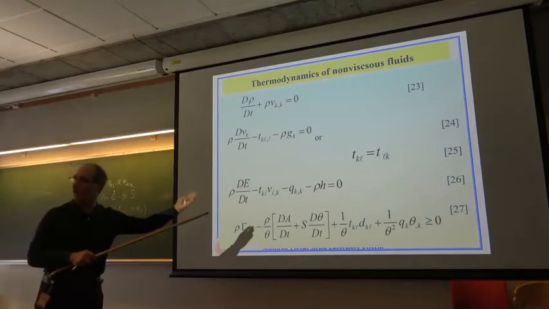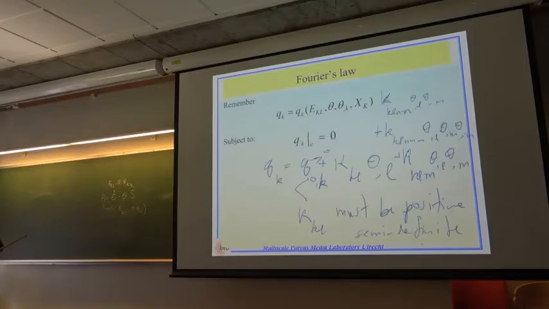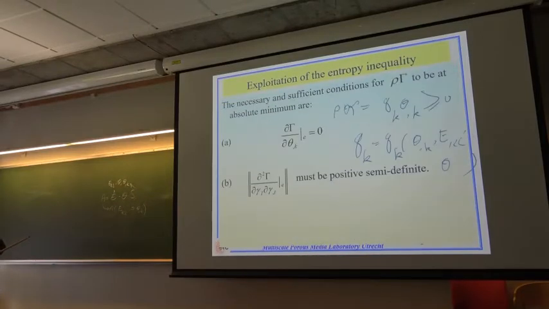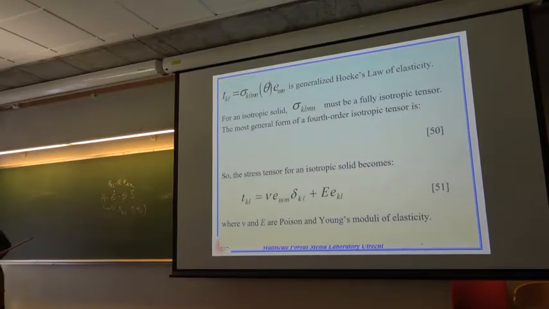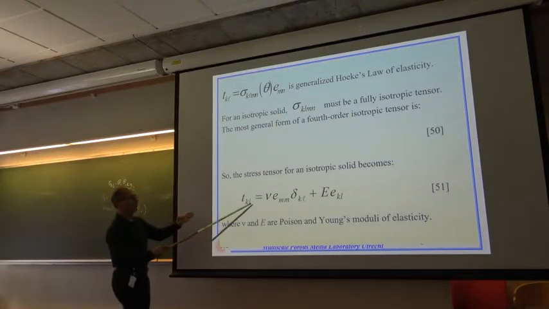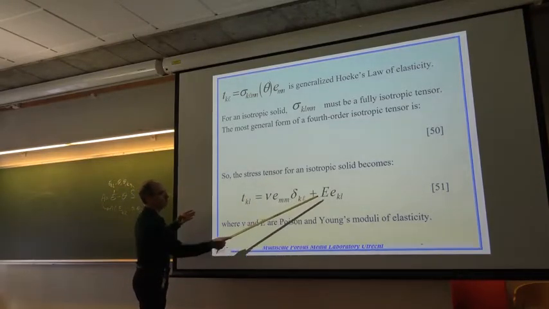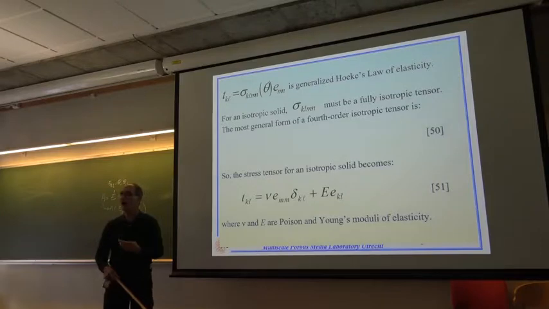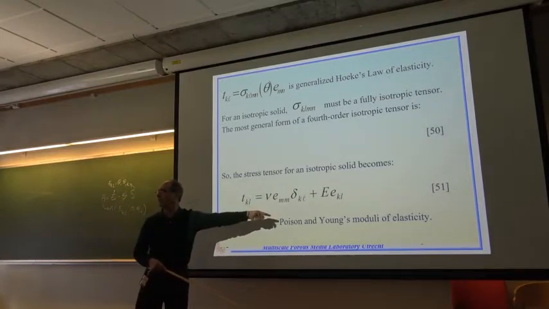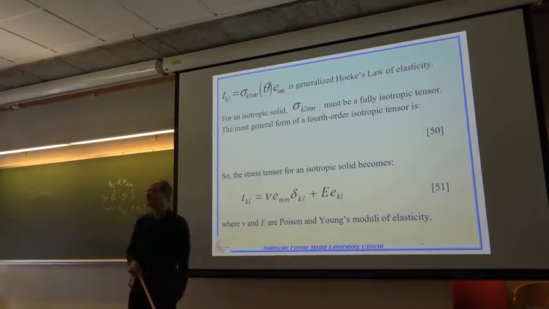Only after I derived the equations, you could see that my equations are such that I have heat transfer, so it's a heat conducting material, and the linear relationship says that the stress tensor is proportional to the strain tensor. So that's what we call an elastic solid. Then somebody tells me, oh, I know this, it's an elastic solid. So okay, perfect. I developed something that's useful to someone.